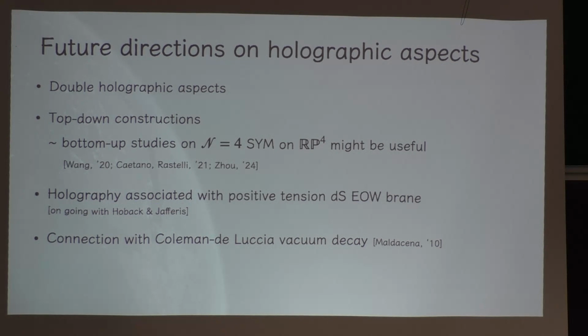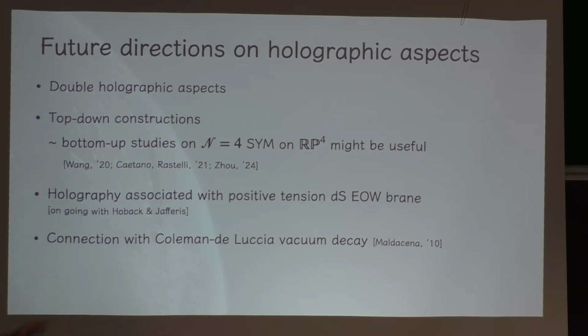There are some other future directions from a holographic point of view. Although I motivate this study from double holography, I didn't really study double holography. I just established a correspondence between AdS3 and two-dimensional CFT.